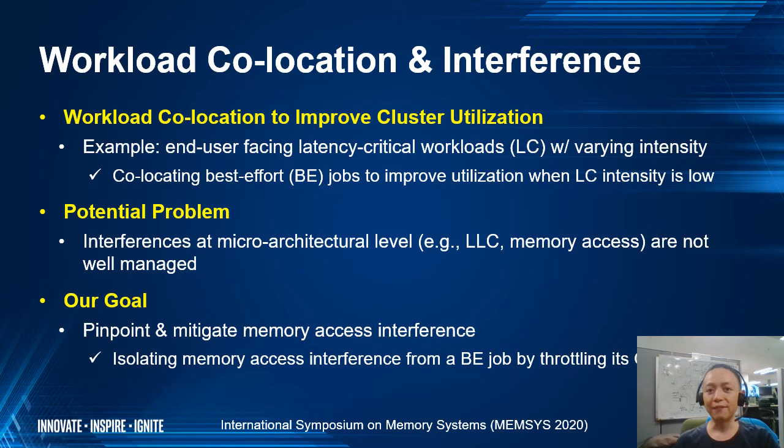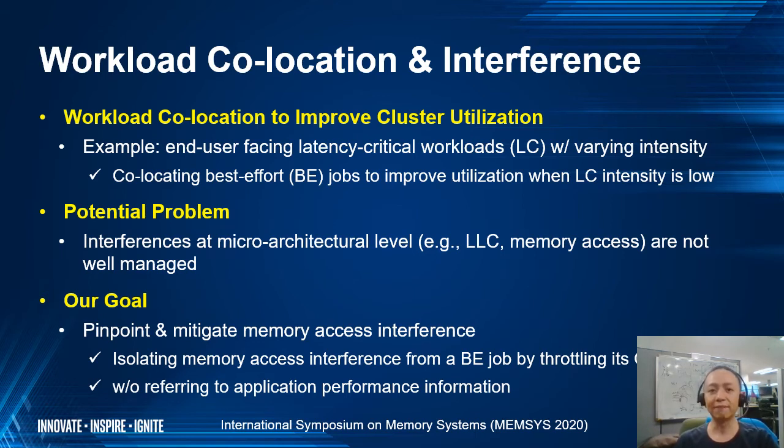In this paper, we isolate the memory access interference from a best effort job by throttling its CPU quota. We assume that we do not refer to the application performance information in the process. This is because application performance information may not be available for various workloads. Even if the information is available, it may not be at the small granularity suitable for timely mitigation.